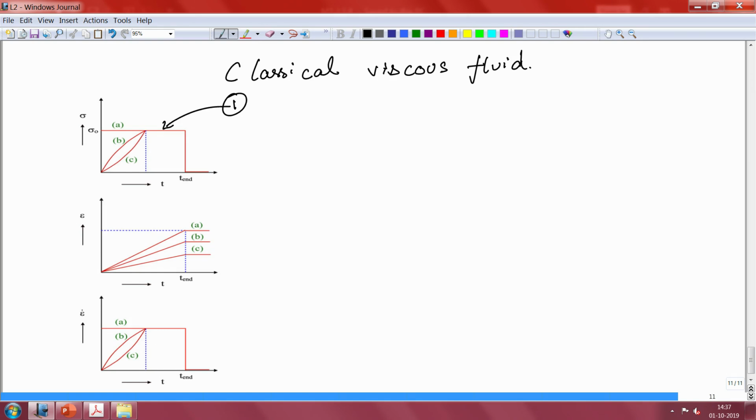Now, the linear viscous fluid, what did we learn about that in our undergraduate classes is that it cannot withstand shear stress. So, here when we say stress we are implying shear stress. So, it cannot withstand shear stress, which means that it will immediately start flowing, right.